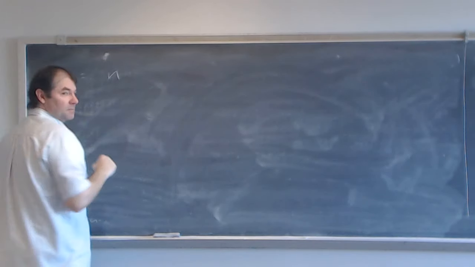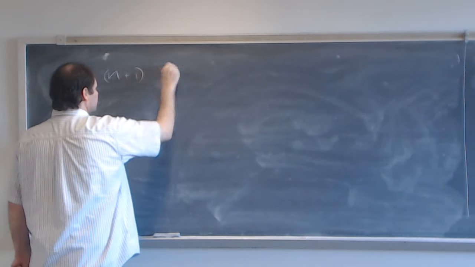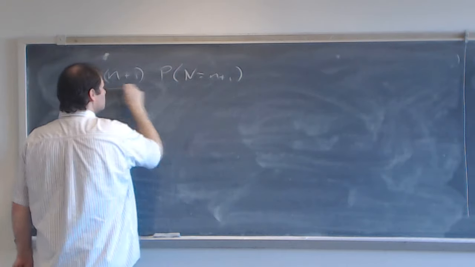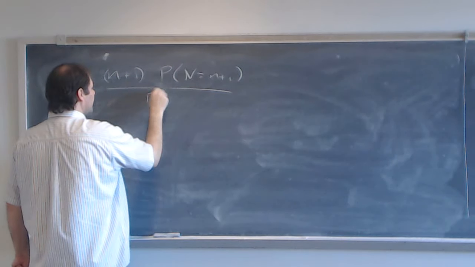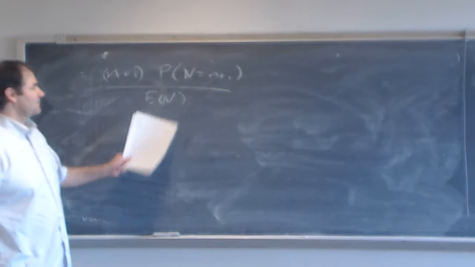That's equal to, by the conditions on m, n plus 1 times the probability that N is equal to n plus 1, over the expected value of N. But I know the expected value of N, it's lambda.